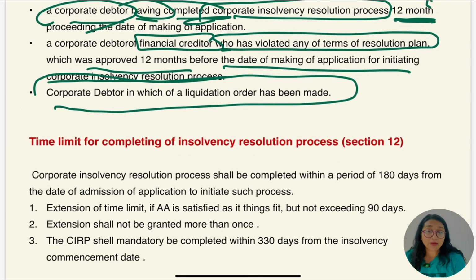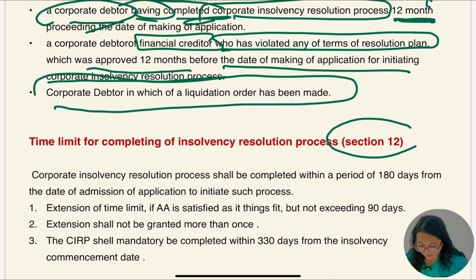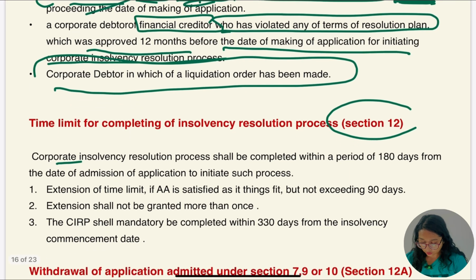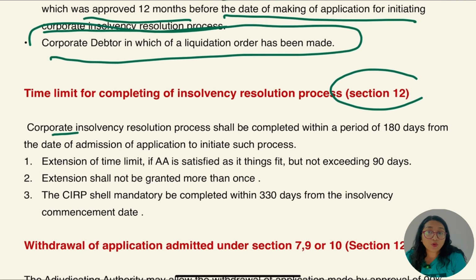So is there any time limit for completing the insolvency resolution process? Yes, there is. So let's go for section 12, which says the time limit. The corporate insolvency resolution process shall be completed within how many days? Within 180 days from the date of admission of application to initiate such process.